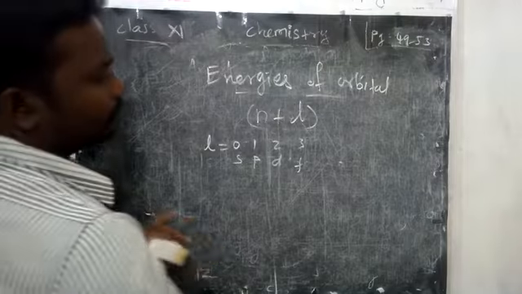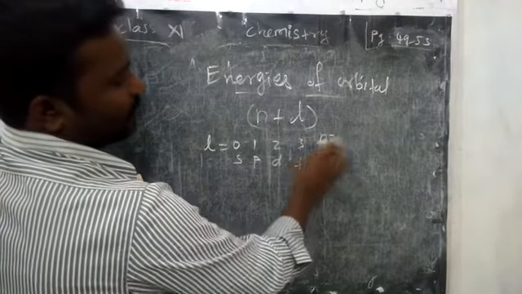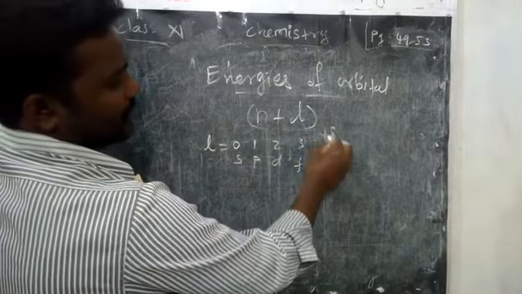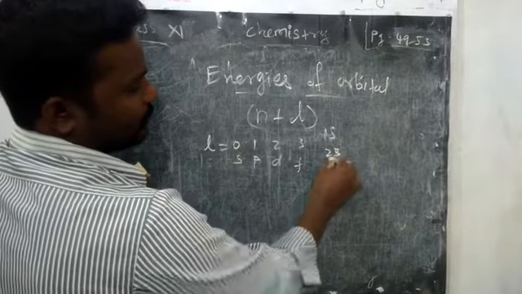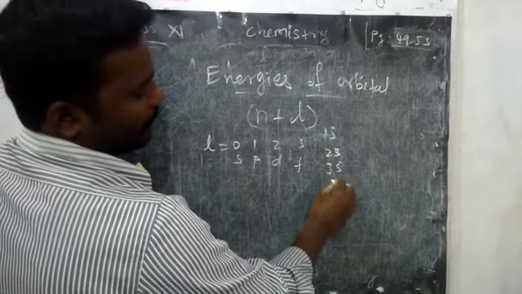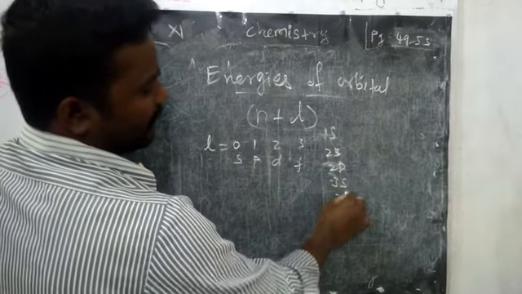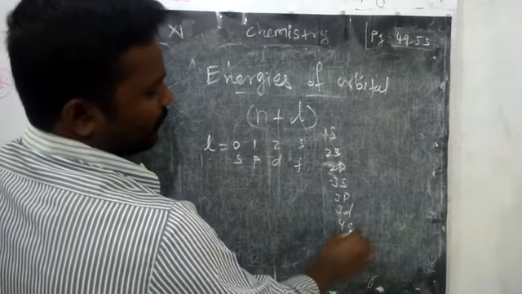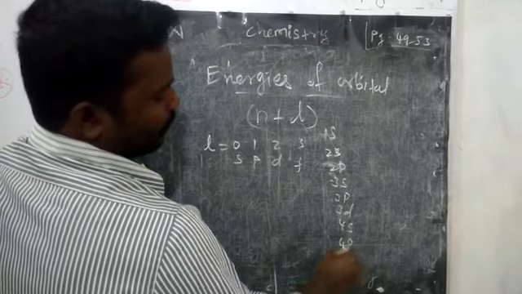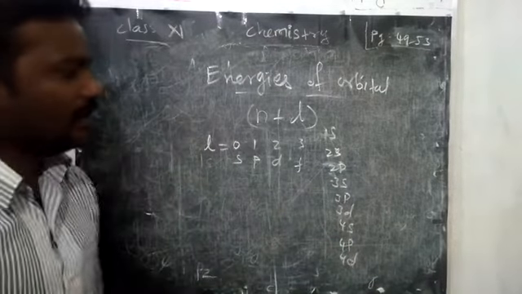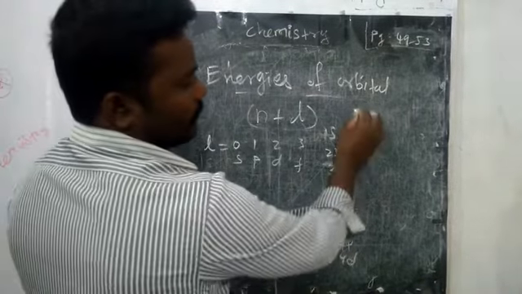First you write 1s, 2s, 2p, 3s, 3p, 3d, 4s, 4p, 4d.